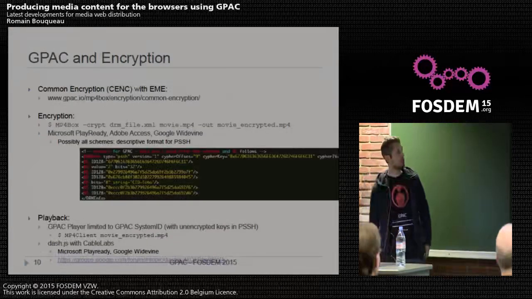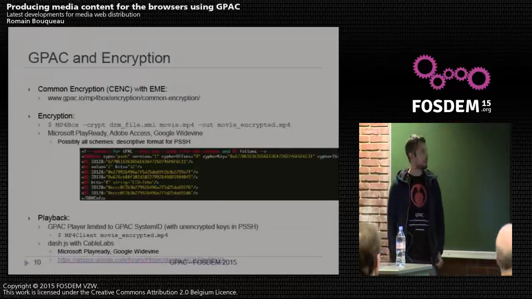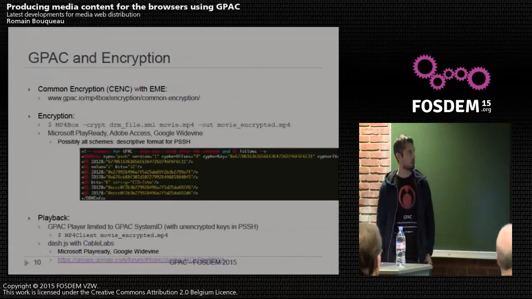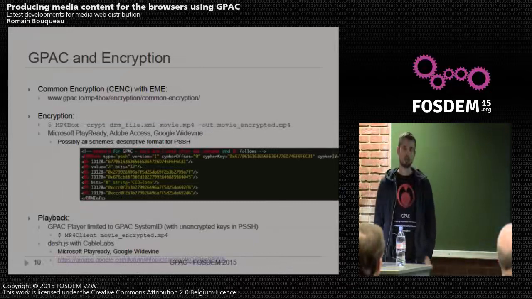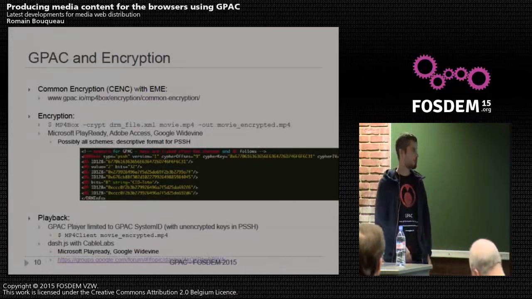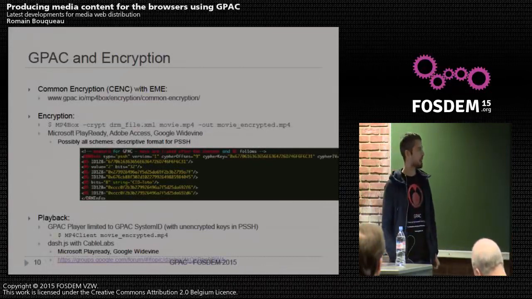Another interesting subject is encryption. So we're not going to talk about DRMs today. It's more about encryption. You want to encrypt your content for one reason or another. There is an extension of HTML5 which is called Encrypted Media Extensions that allows you to encrypt and decrypt the data.